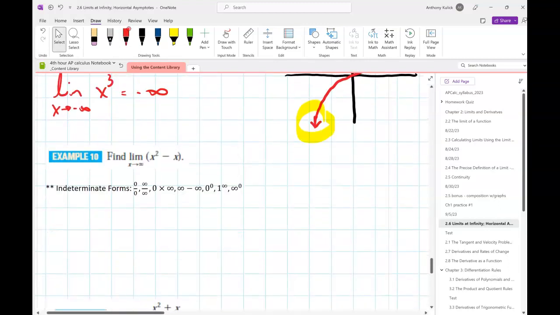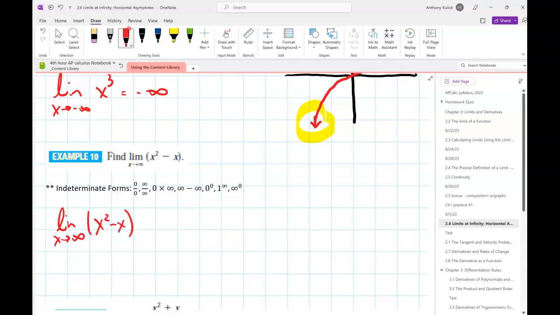Let's look at this next one. We have the limit as x approaches infinity of x squared minus x. If we do that same kind of direct substitution thing, what do we get? Well, I get infinity minus infinity, right? And you want to say that's 0. It's not 0.